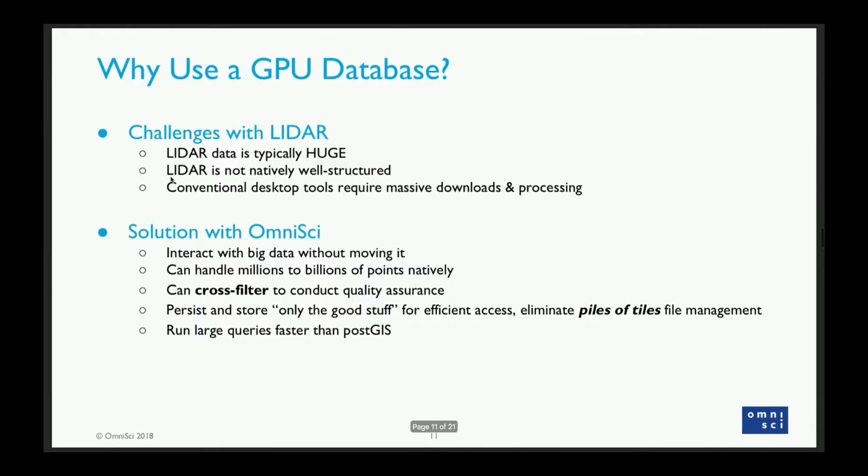Now, we think a GPU-based database is ideal for such an application because you can handle this huge volume of data, visualize it, and interact with the data. Right now it is very problematic, and a lot of LIDAR data has been collected, but people are not able to put it to good use.